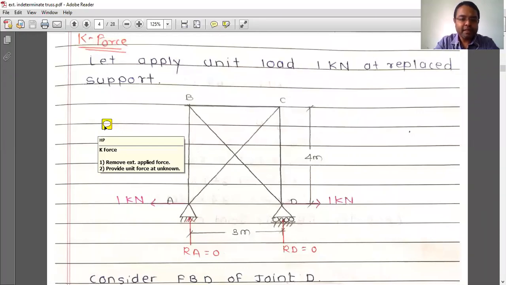Next, second step, provide a unit force at the unknown. So here in this example, we have treated HD, that is the horizontal reactive component at joint D, as unknown. So while considering K forces, we have removed HD, and that's why the structure has become determinate. So that is the unknown.